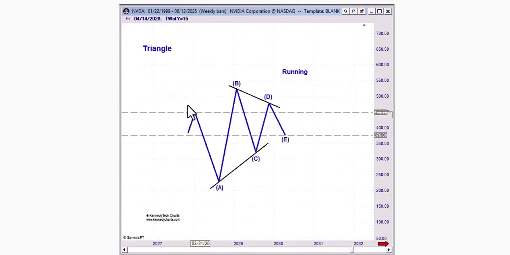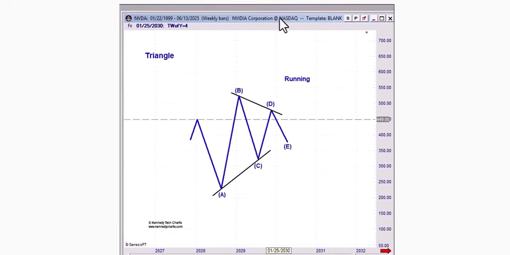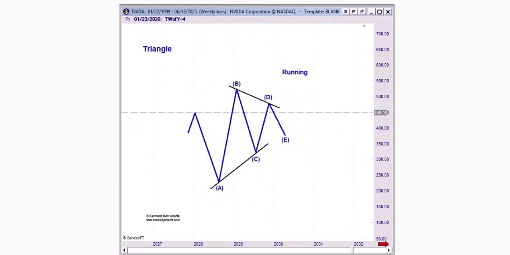So you would have the origin point of wave A, 3 down for A, 3 up in B, C, D, E. B takes out the origin point of wave A, thus it's a running triangle. And then, of course, wave E must terminate below that wave A origin point. Typical running triangle.